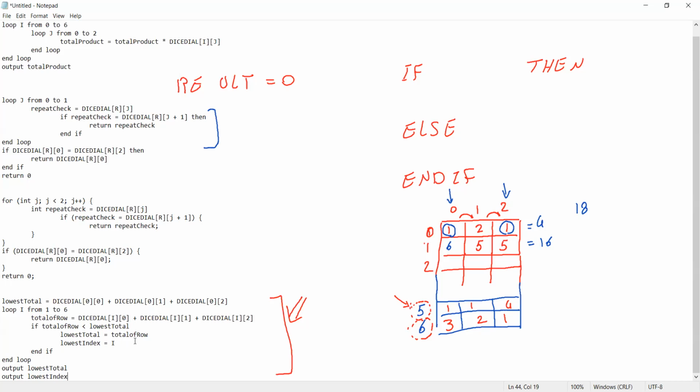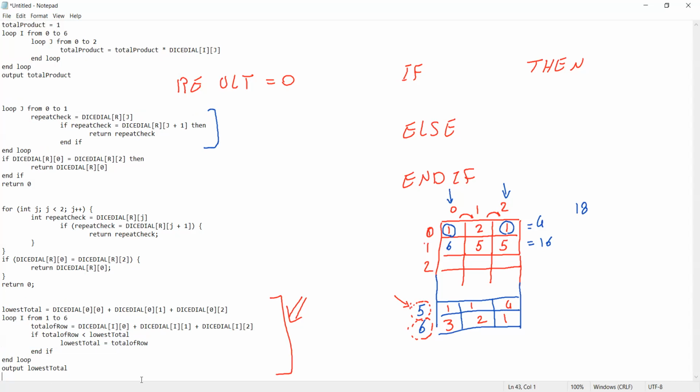But he asked for both. Do you understand what I'm trying to tell you? When you do it this way, you will find that the lowest is 6. So it is possible that you will actually stop at 5. The lowest index will not be printed at 6 anymore, because that will not be true when it is checking here.